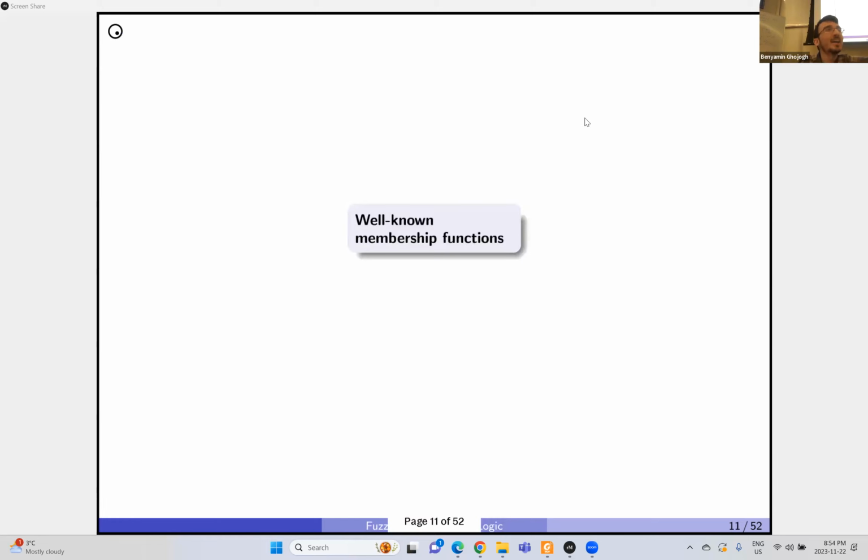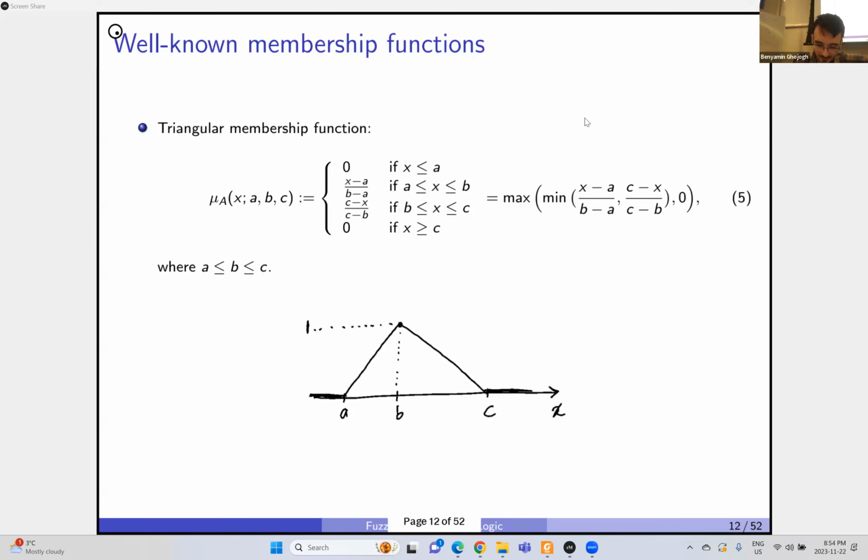Now, let's review the well-known membership functions. The triangular membership function. What is that? It's basically this figure. Okay. Again, as you see, its range is between 0 and 1.